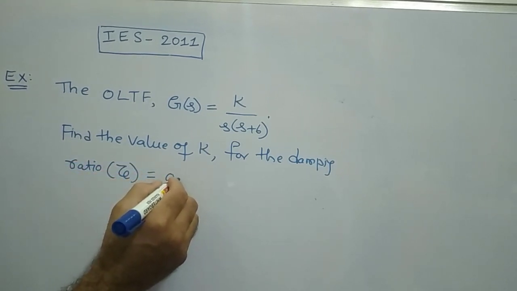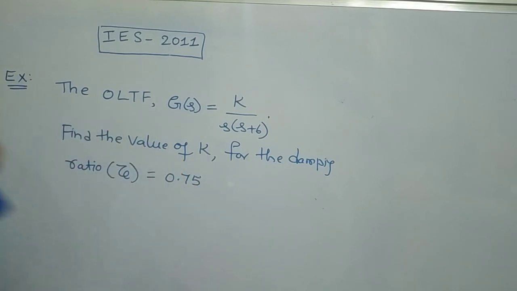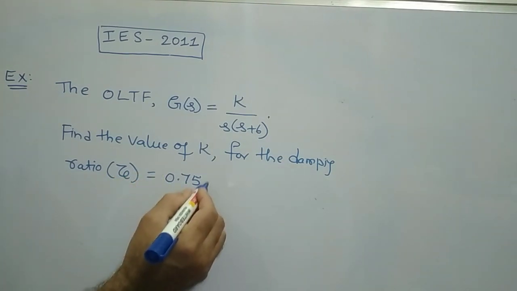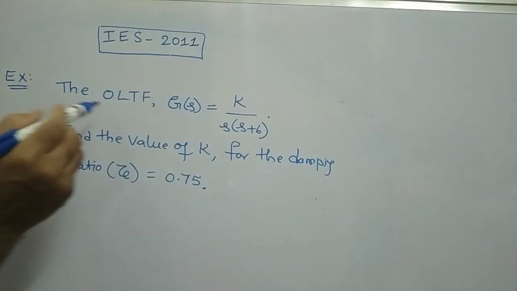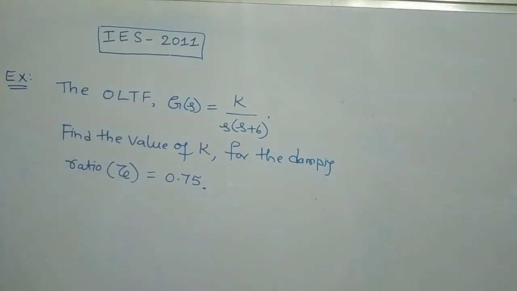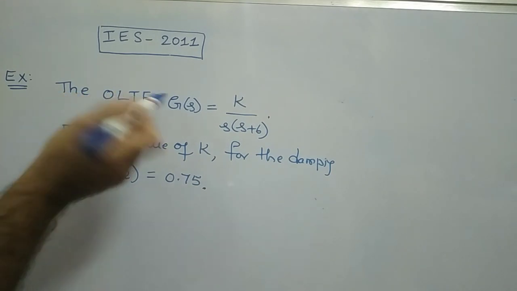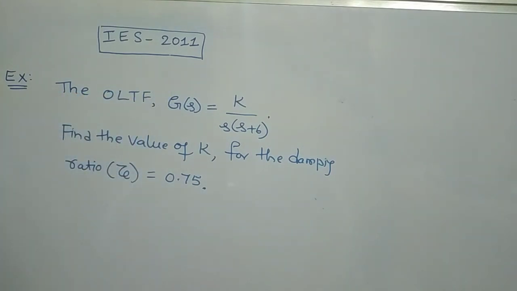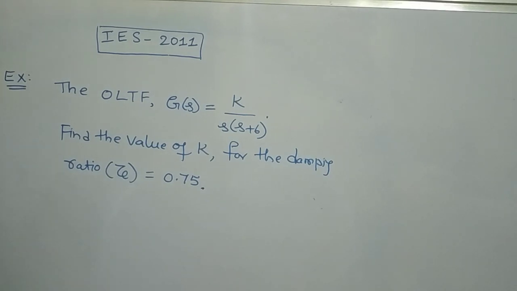Damping ratio of 0.75. So for 0.75, you need to find out the value of k. That is the question. OLTF is nothing but open loop transfer function, and closed loop is nothing but CLTF, the closed loop transfer function. Clear?